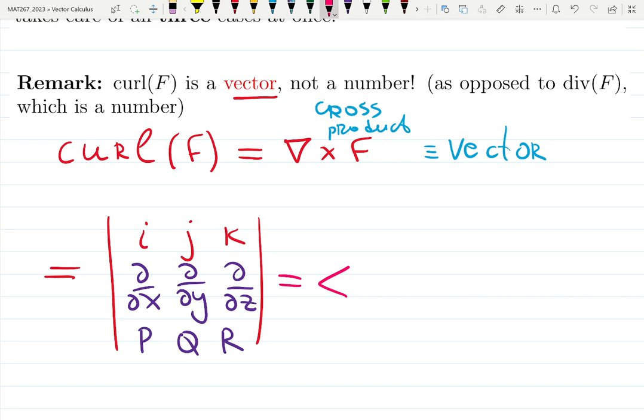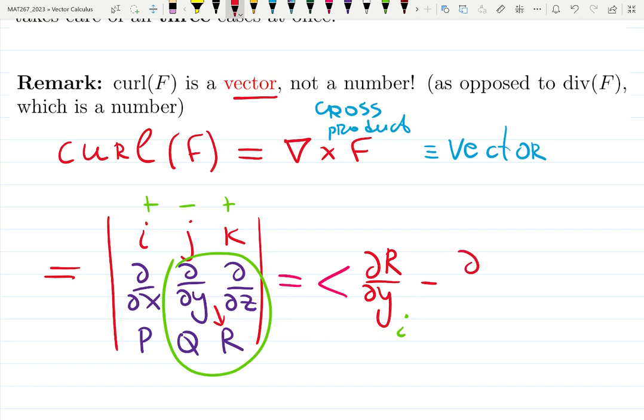The answer will be a vector this time. And now we remember, hopefully, it's a plus minus plus. I, that will be the I component over here, takes care of these two, the right bottom square. Cross product gives me partial derivative with respect to y times R. So R goes here.